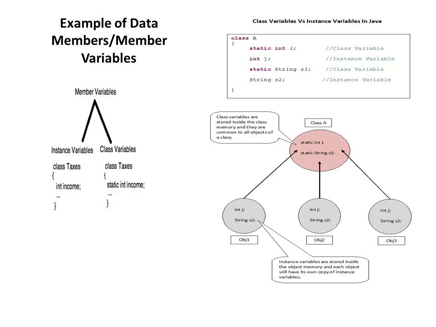Now we have formed three objects here: object 1, object 2, object 3. As I and S1 are class variables, these two variables are common for all three objects, obj1, obj2 and obj3. Whereas J and S2 are instance variables, they have different copies inside each object.